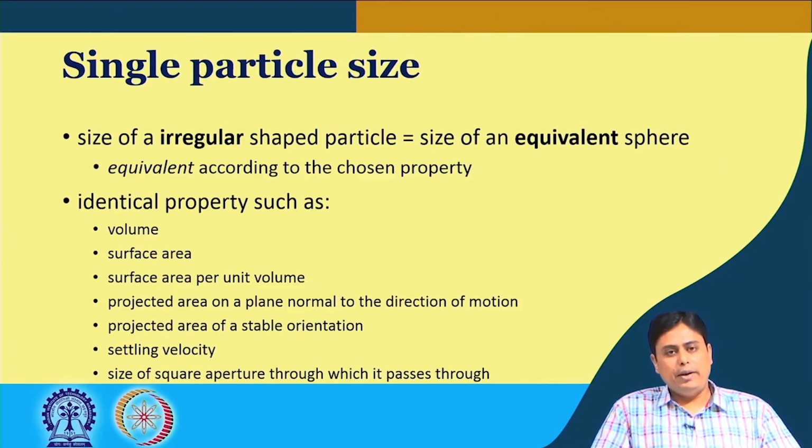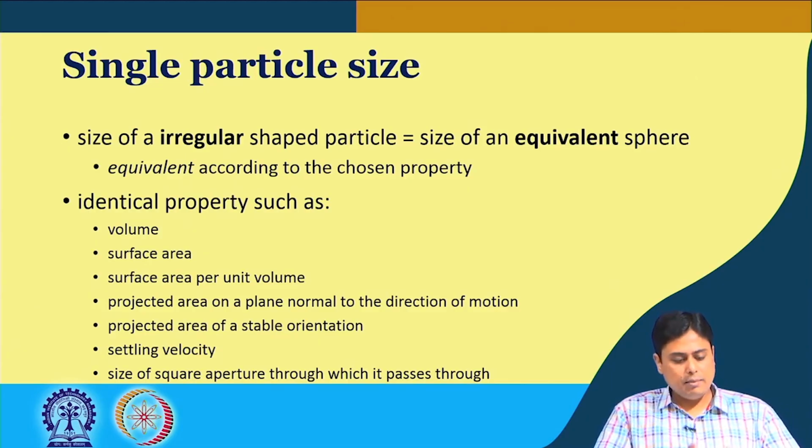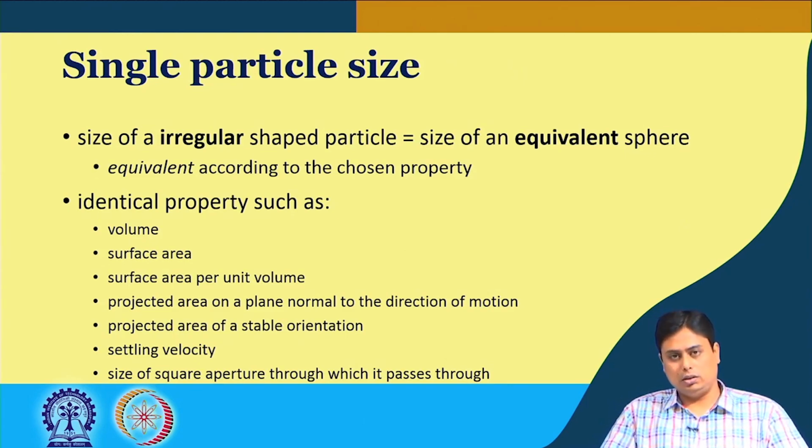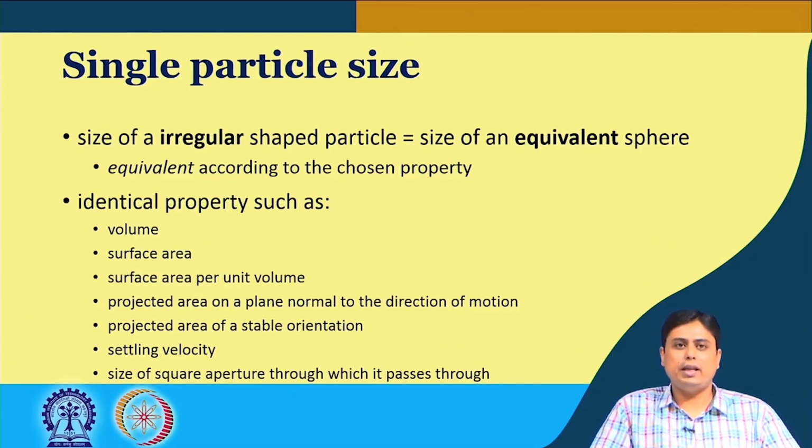So, it brings a great deal of simplicity if we can find some kind of property equivalence with the sphere when we are looking into a particular solid particle. Similarly, the projected area on a plane normal to the direction of motion, because of irregular shape, will have a different projection area.